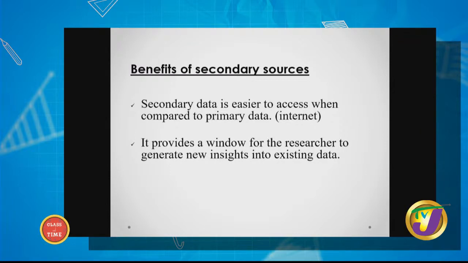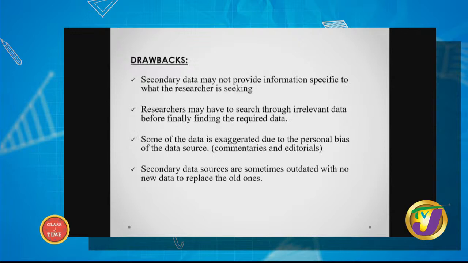Now, again, we have the drawbacks. Secondary data may not provide information specific to what you're looking for. It also happens that you might have to wade through irrelevant data before you finally get to what you want. True. Right? Some of the data is exaggerated due to personal biases, for example, the editorials and commentaries.